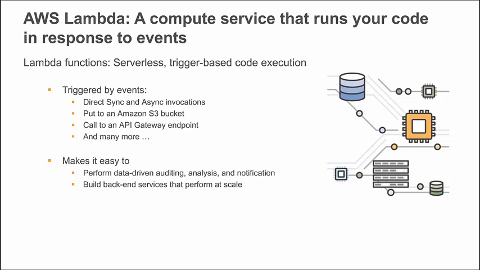And Lambda makes it easy to execute code in response to events, such as changes in Amazon S3 buckets, updates to an Amazon DynamoDB table, or custom events generated by your application or devices.